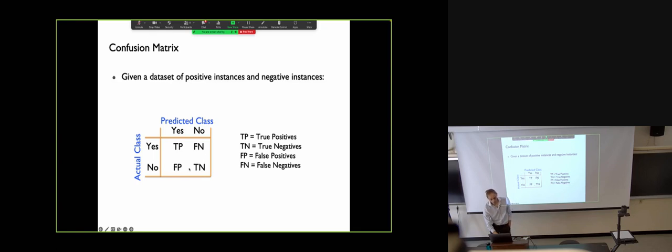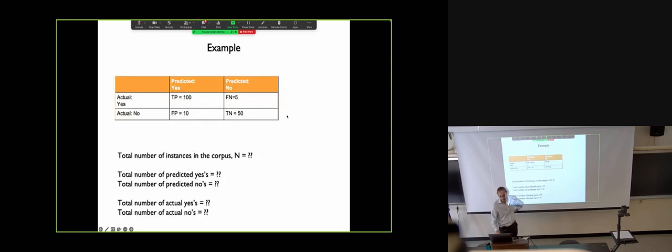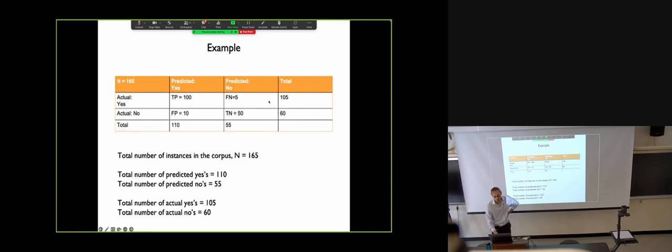Now, for example, say you have a table of predicted yeses and nos. We have 100 true positives, 5 false negatives, 10 false positives, and 50 true negatives. What's the total number of instances in the corpus? It's just the sum of all of them. Total number of predicted yeses, you sum this column: 100 plus 10, 110.